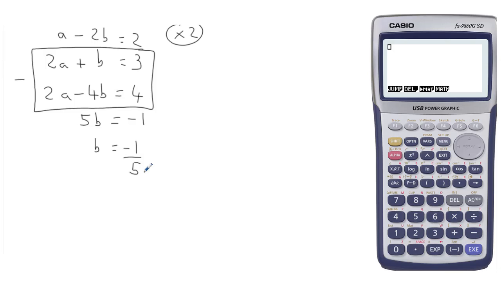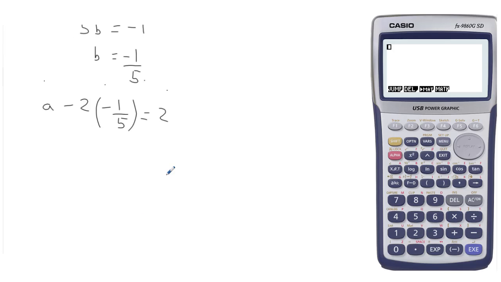Now we need to substitute to find a, and you can substitute into any equation you like. I'm just going to use the top one: a minus 2b equals 2. So a minus 2 times minus 1/5 equals 2. Depending on how you feel about adding and subtracting fractions, your next step will vary. I would probably multiply everything by 5 to get rid of that.